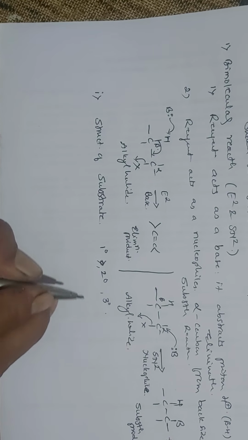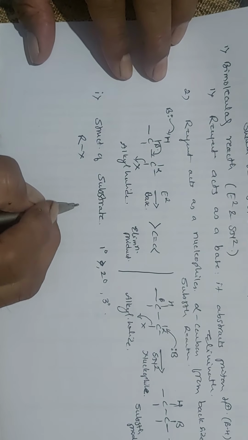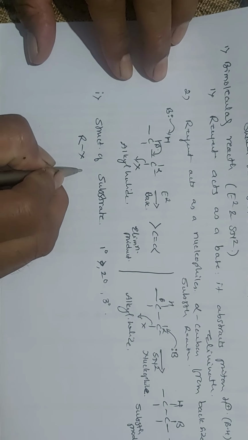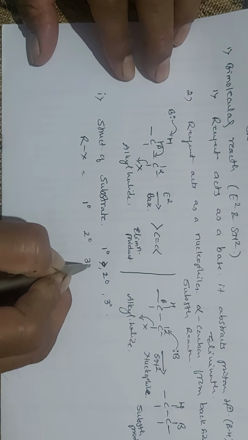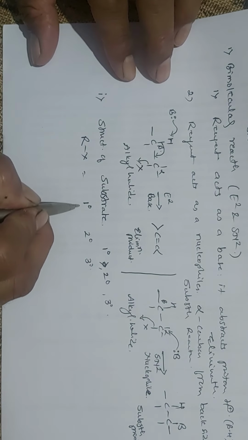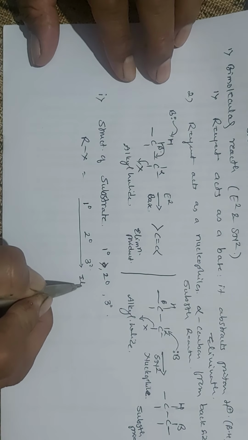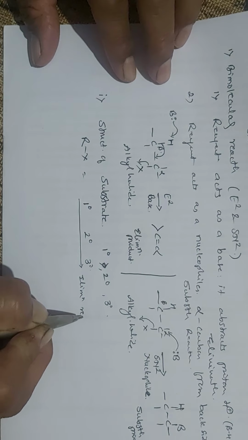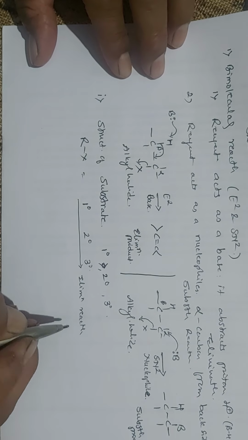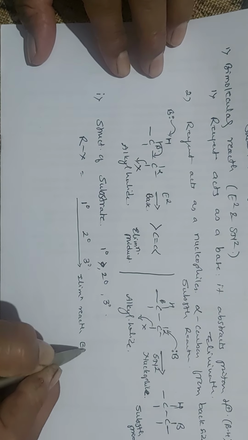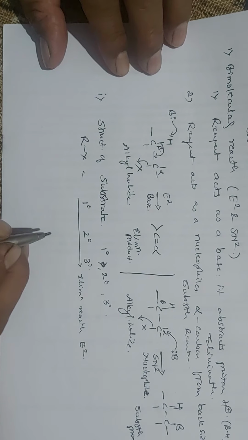For the alkyl halides, primary, secondary and tertiary, the rate of elimination reaction goes on increasing. The rate of elimination reaction increases for the E2 mechanism when it changes from primary to secondary, secondary to tertiary.